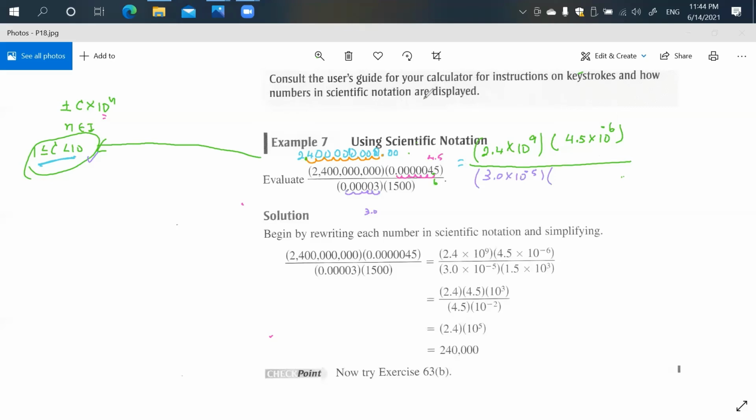Next number. Okay, next number you see is 1,500. So you can write this one with a dot and 00 here, right? And then you have to count until you get 1.5, correct? Because this is the definition. So from the dot you count 1, 2, 3.